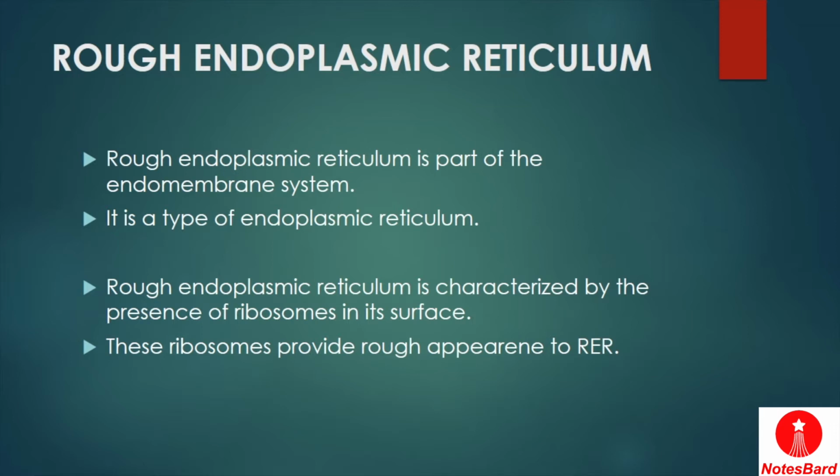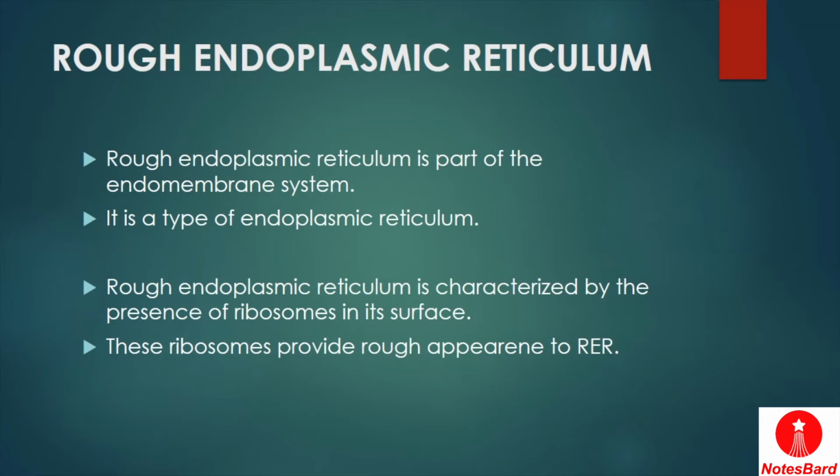As we know, the ribosome is also a cellular organelle whose main function is protein synthesis, and there are two types of ribosomes. One is free ribosomes, which are present freely in the cytosol of the cell, and the other is ribosomes which are attached on the membrane of the endoplasmic reticulum.